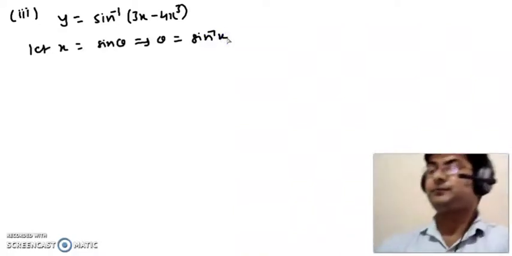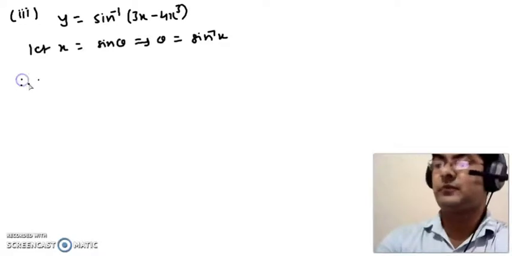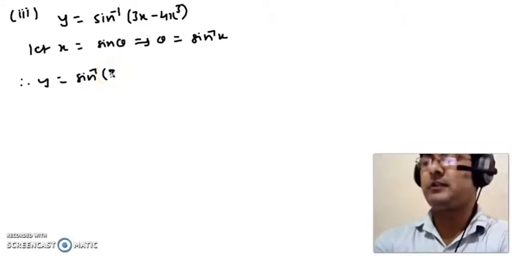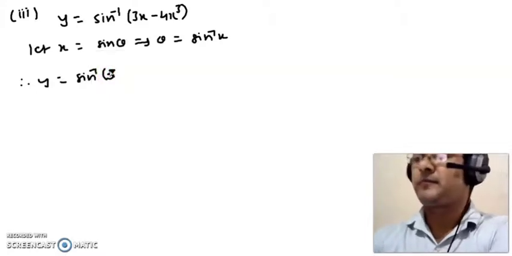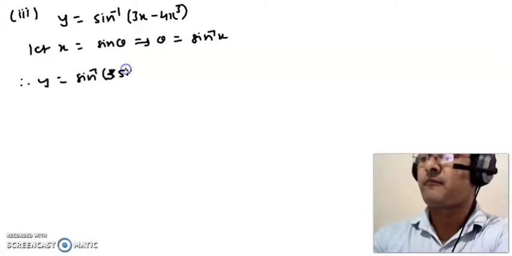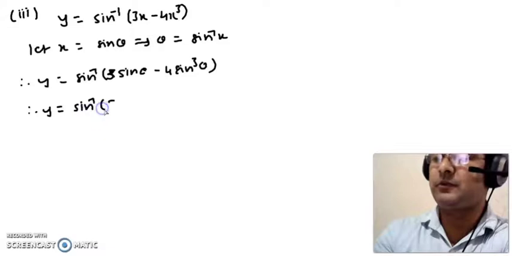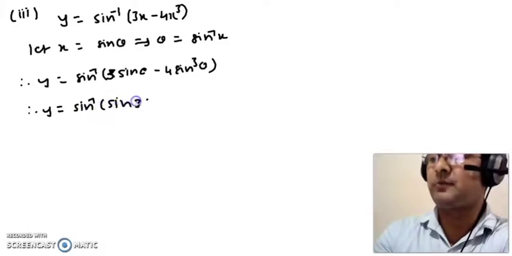Now, therefore y is equal to sine inverse of 3 sine theta minus 4 sine cube theta. Therefore y is equal to sine inverse of the bracket, which is the formula of sine 3 theta.